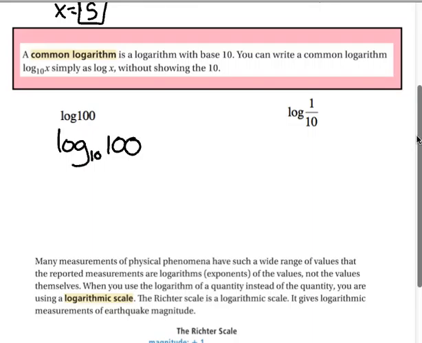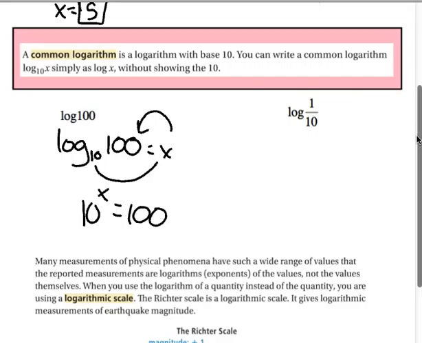So essentially asking 10 to what power gives you 100? Well, I think pretty quickly you'll see 10 to the second power is what gives you 100. Okay?